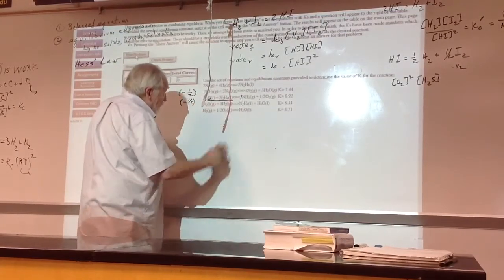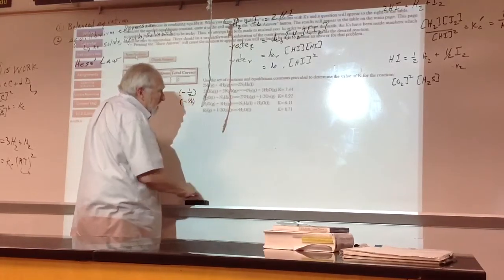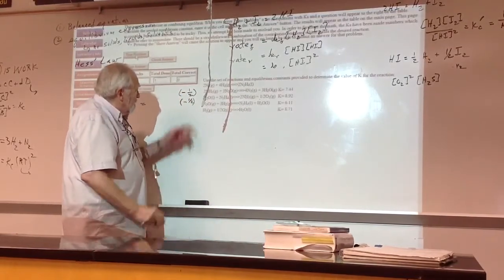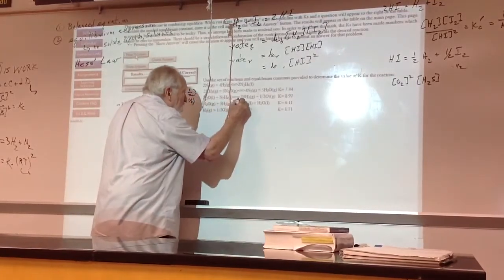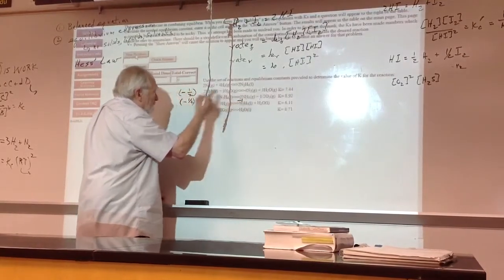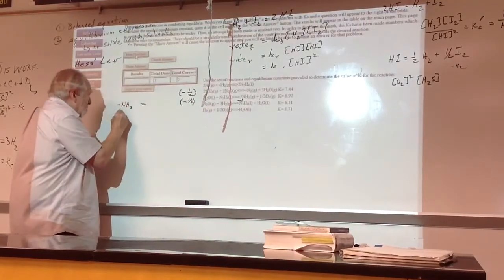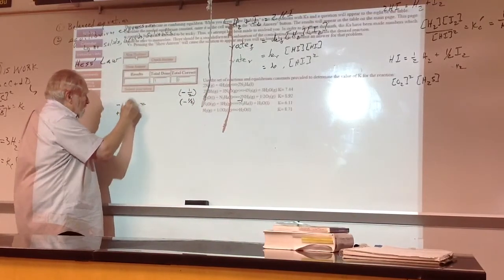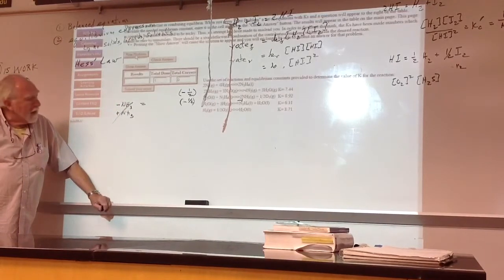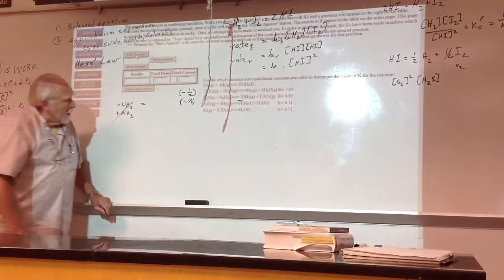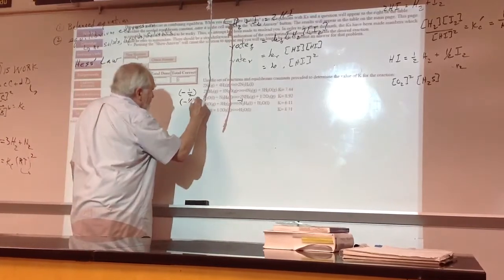And notice this is a trial and error thing, but combining them and rewriting the equations is also a trial and error. So I multiply this by minus 1/2. It gives me minus 1 NH3. I bring it to the other side, and I have plus NH3. The NH3s are gone. Okay? And you didn't give me enough space to write here.